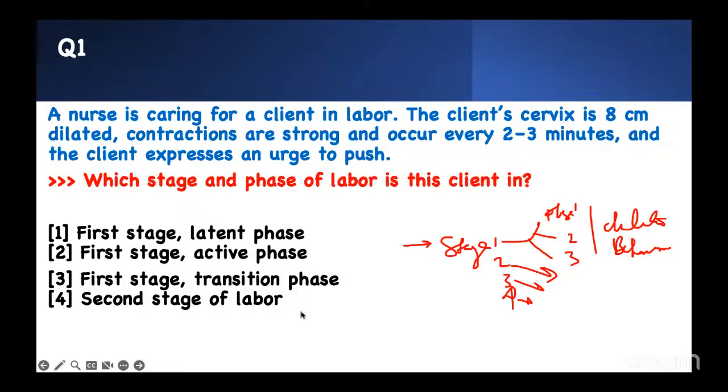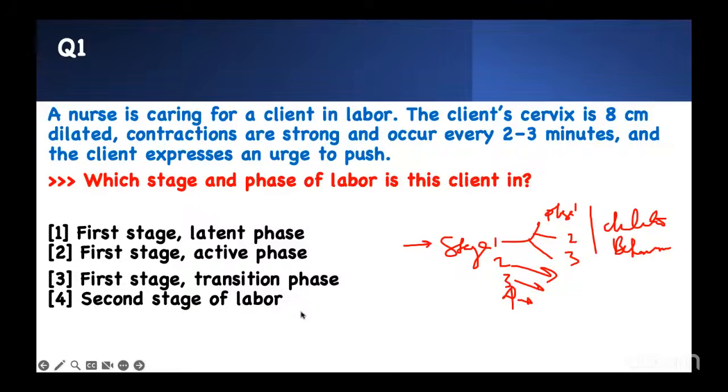In the latent phase, they are usually up to 3 centimeters dilated. In the active phase, they will be about 7 centimeters dilated. But when you get to the transition phase, 7 to 10 centimeters, they will have the urge to push.